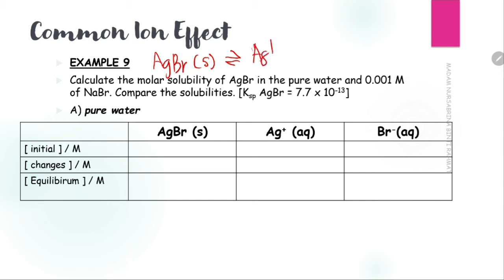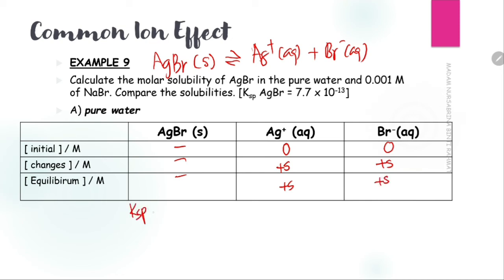Solid is 0. My silver ion starts from 0 initial concentration, plus S and plus S for both of the ions because it's just 1 mole, and equilibrium is just simply initial plus changes, which is plus S and plus S.